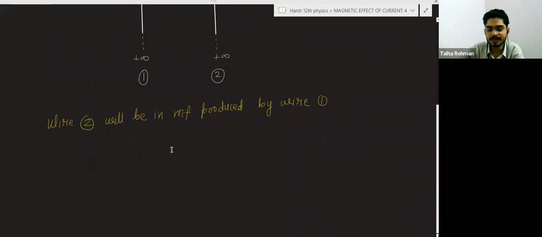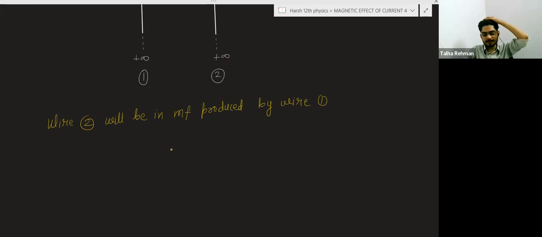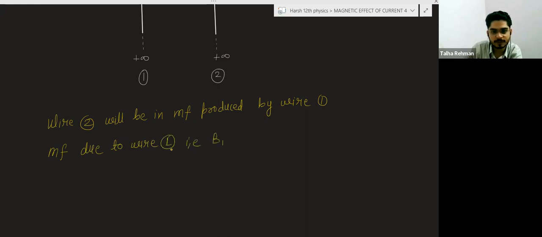So suppose B1 is the magnetic field due to wire 1.